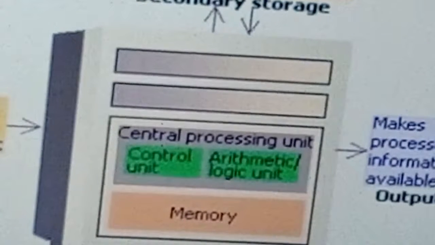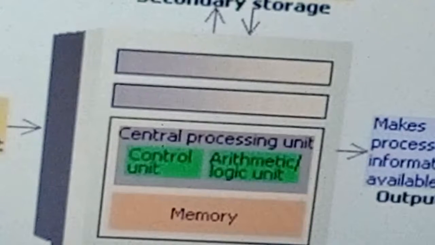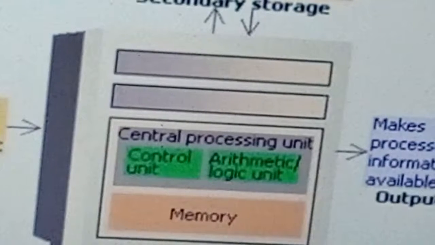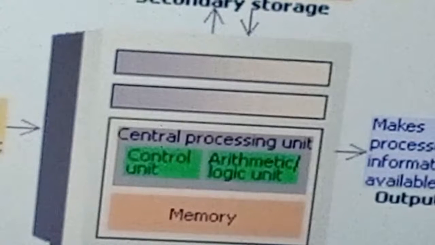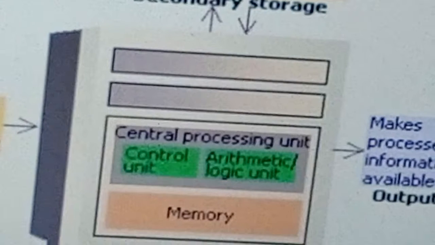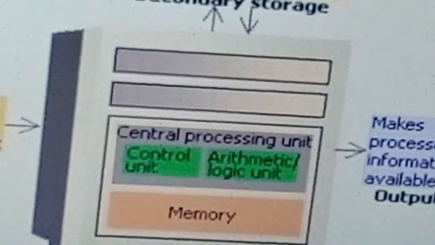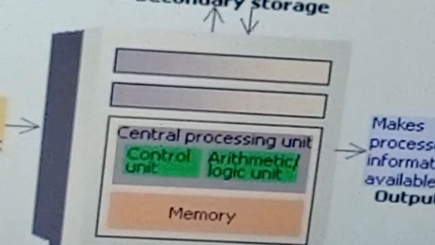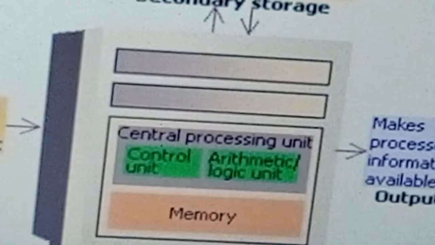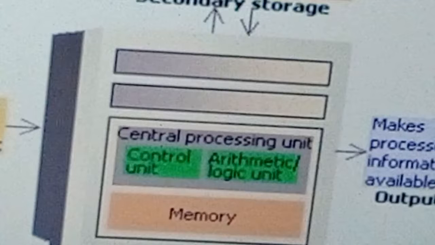Primary memory is a memory of a computer which can be directly accessed by the central processing unit. When we store the data in primary memory, the computer can access the information very fast.